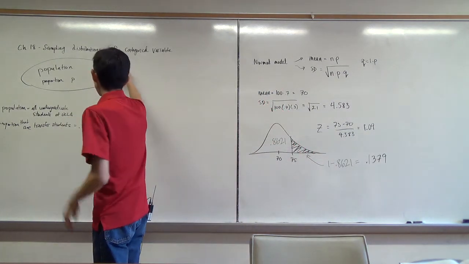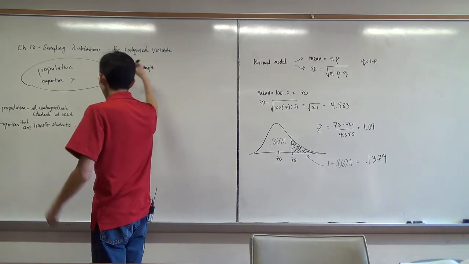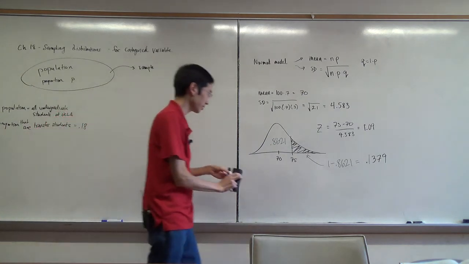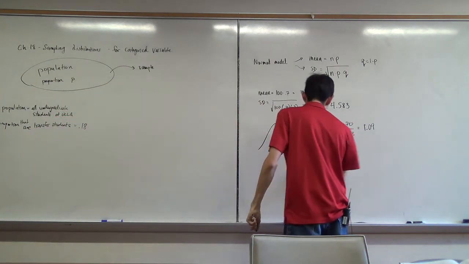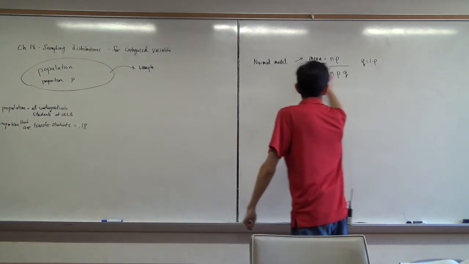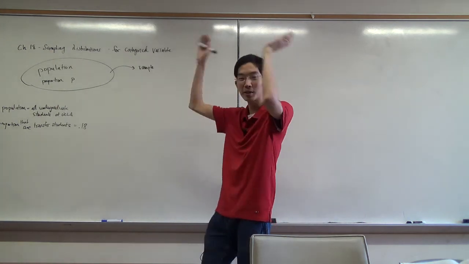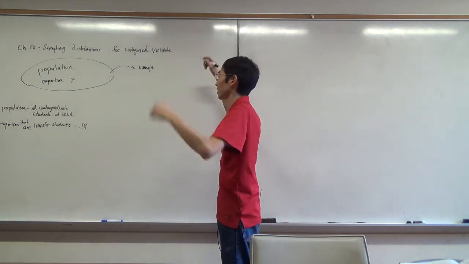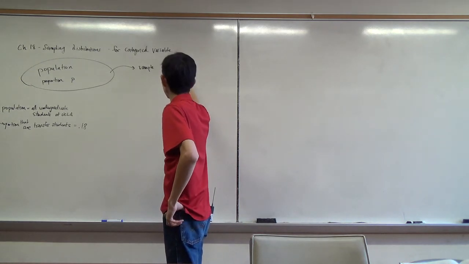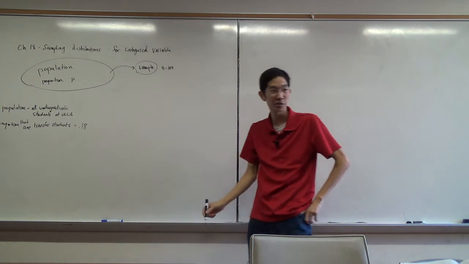And from this population, we're going to draw a sample. Let's say we ask the registrar so we can get a truly random sample. We say, give me a list of all the students, and I'm just going to randomly select 100 of them. So I'm taking a random sample of 100 students.